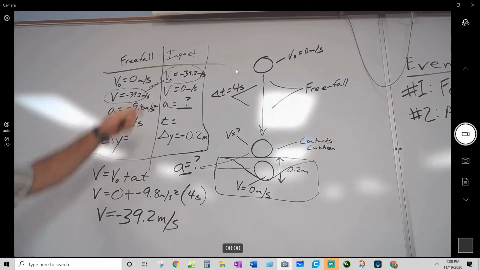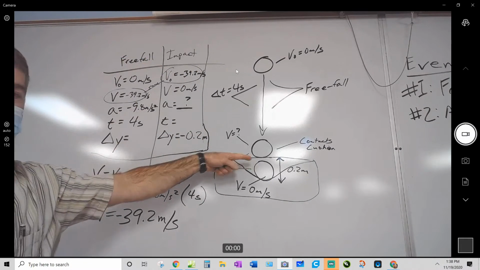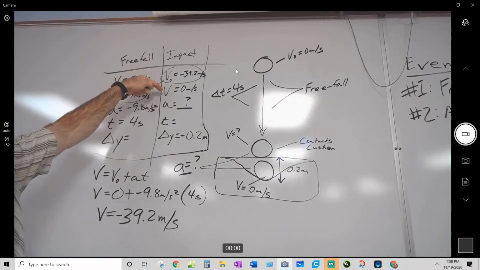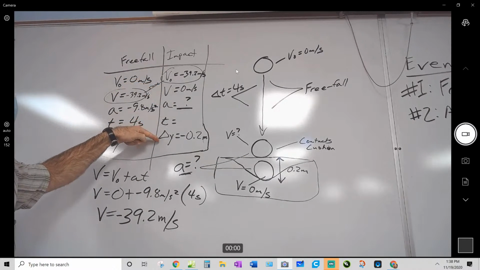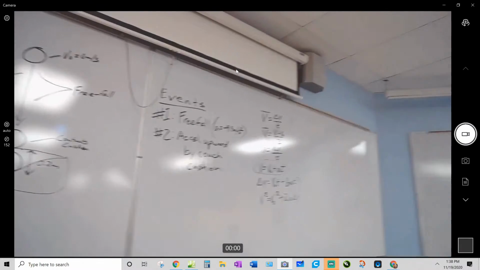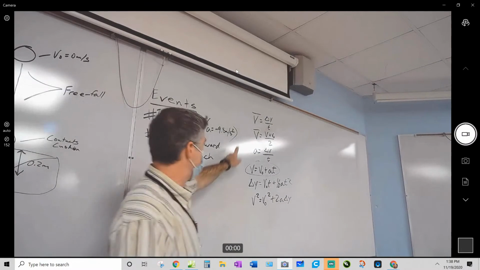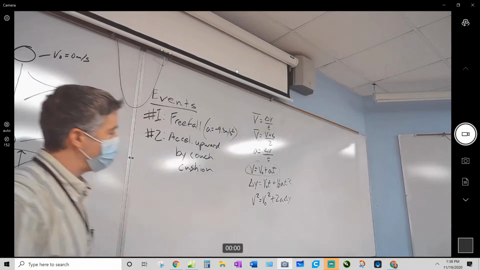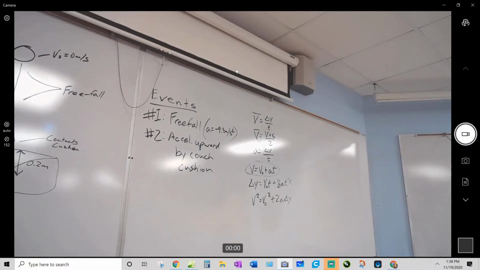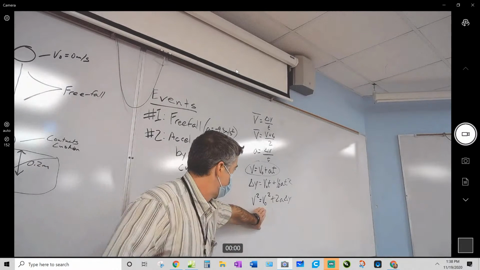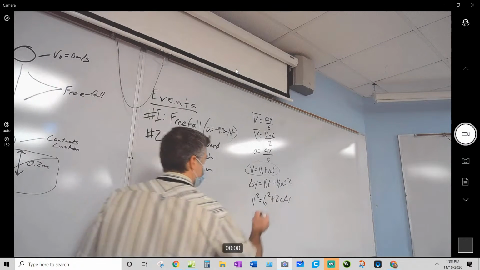So now we've got this. For the impact part, we've got the initial velocity, we've got the final velocity, we've got the displacement. Does anybody see a formula over here that can get us acceleration if we have initial and final velocity and displacement? Yeah. So v squared equals v0 squared.